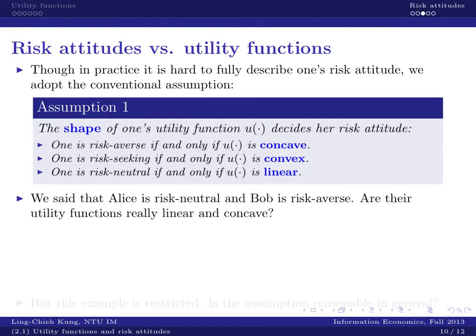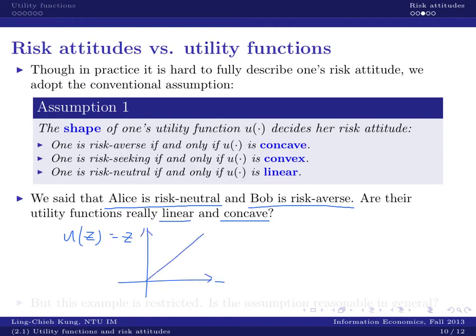Okay, so let's see this. We say that Alice is risk neutral and Bob is risk averse. So we want to ask, are their utility functions really linear and concave? For Alice, U of Z is exactly Z. So when you draw the function here, this is Z and this is U. Indeed, this is a linear function.